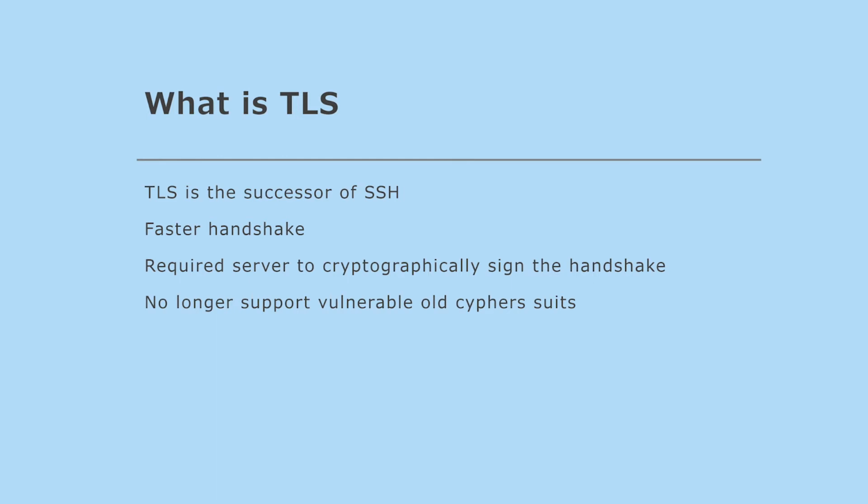That's why you see SSL/TLS on most things. Some other advantages of Transport Layer Security are a faster handshake, and it requires the server to cryptographically sign the handshake, which SSL did not do. It was transmitting that in the clear. And it no longer supports old vulnerable cipher suites, which is an advantage because people can't mistakenly set it up with one of them.